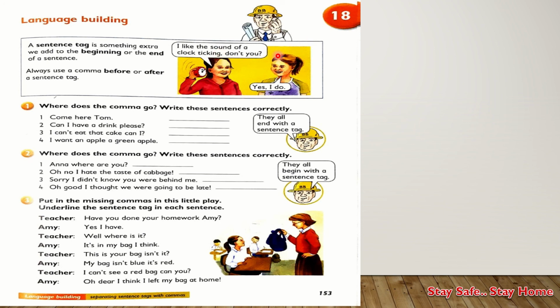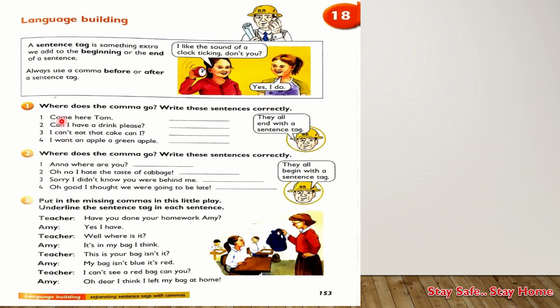The words don't you here are an addition, words that we added to the sentence. They are not necessary to be in the sentence, so if we remove them, the sentence stays meaningful. And because it's in the end of the sentence, we use a comma before it. Okay, guys? Good.